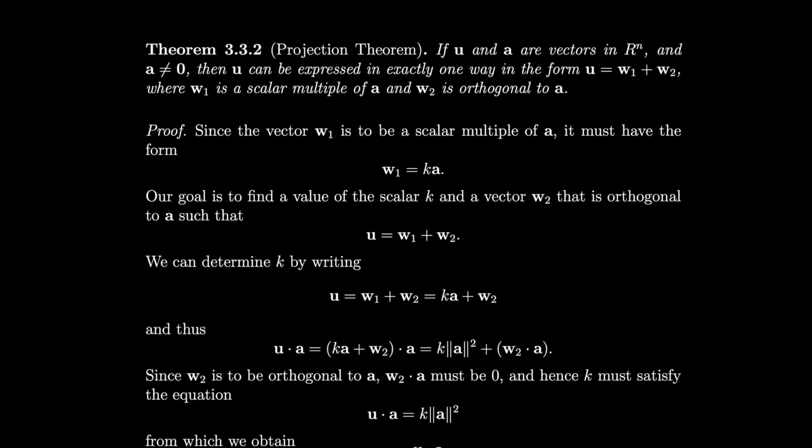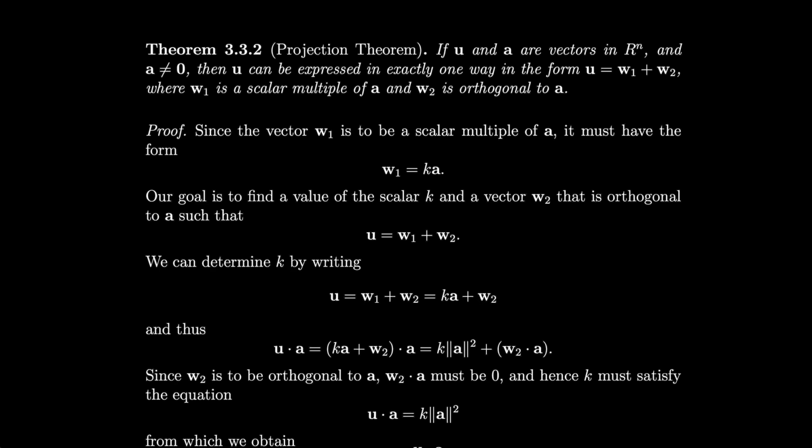So therefore, u dotted with a is equal to ka plus w2 dotted with a, which is k times the length of a squared plus w2 dotted with a, because we can just distribute along the dot product. And when we do ka dot a, a dot a is the length of a squared. Since w2 is to be orthogonal to a, w2 dot a must be 0.